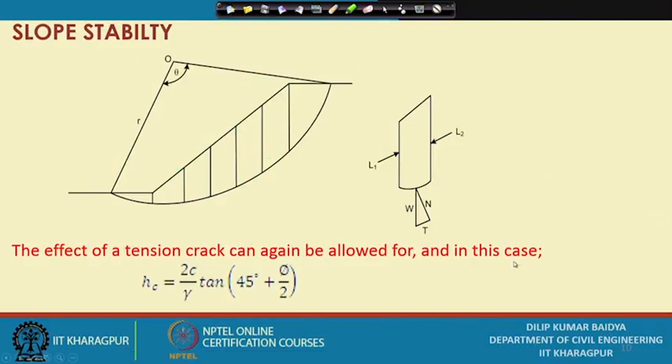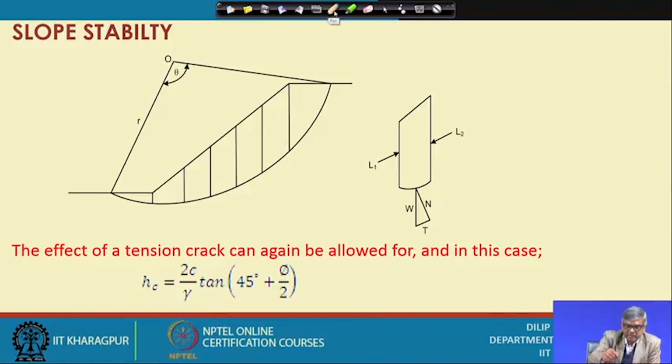You can see, suppose the soil possesses C and phi, and in that case the entire slip surface may or may not be critical. This is one of the assumed trial slip surfaces, and for the analysis purpose we can divide it into a number of slices, and for each slice I can find out normal and tangential forces.